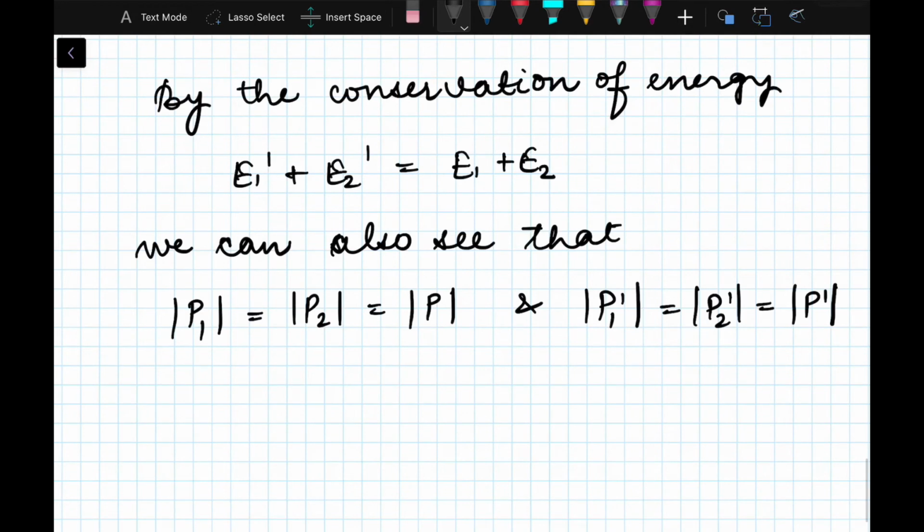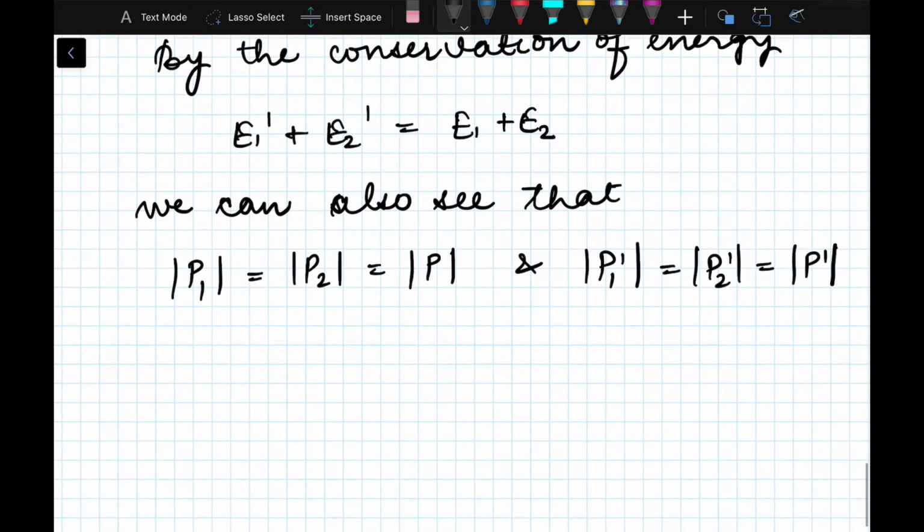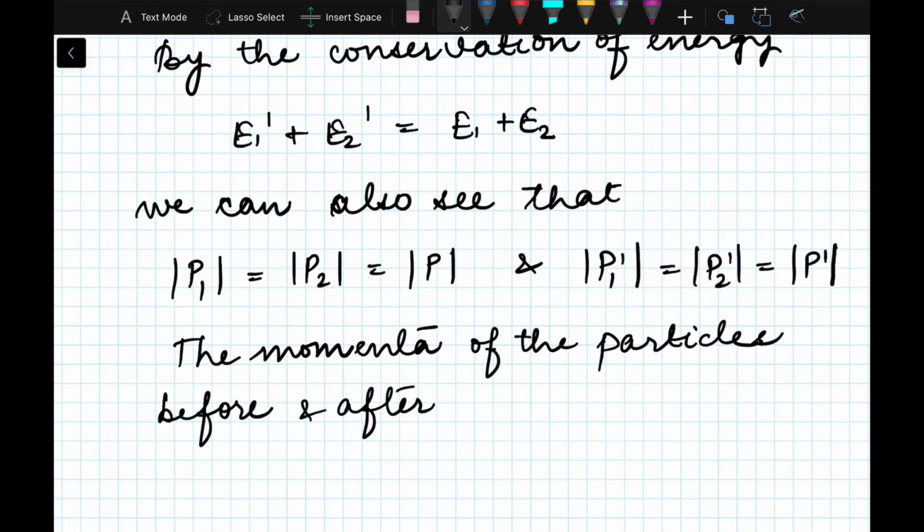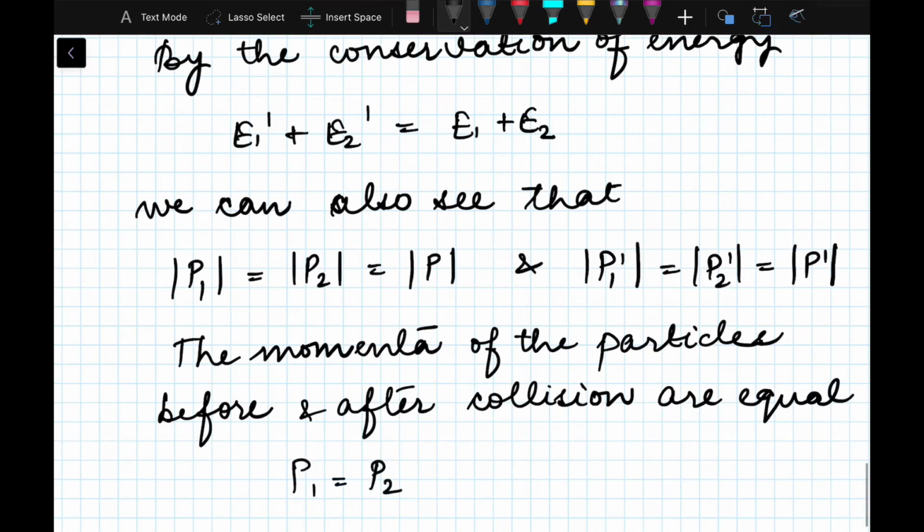So by the conservation of energy relation, we can write that the momenta of the particles before and after collision are equal. That is, we can write P1 is equal to P2 is equal to P1 prime is equal to P2 prime.